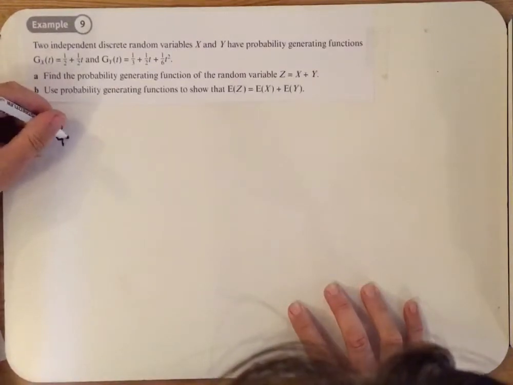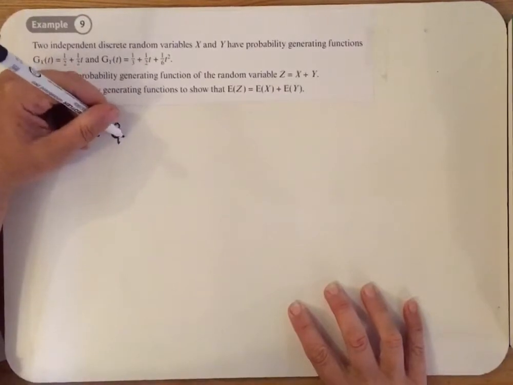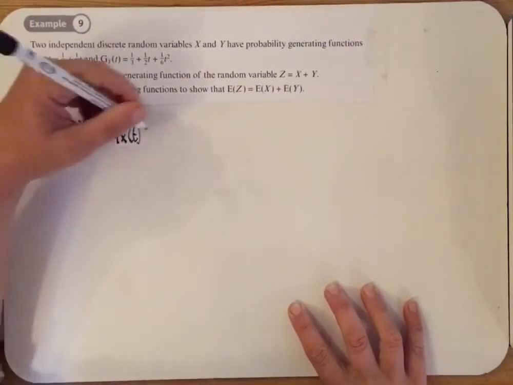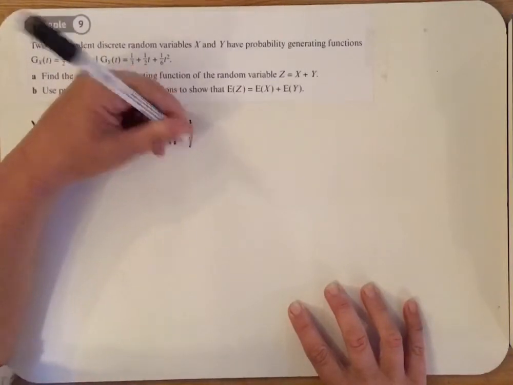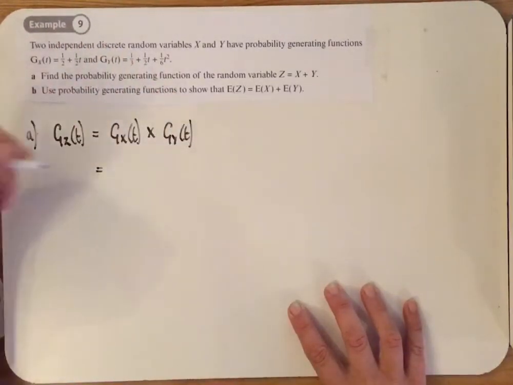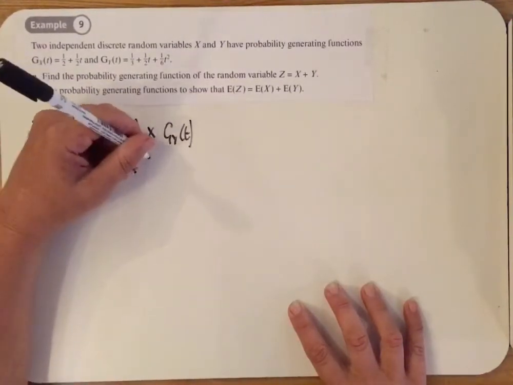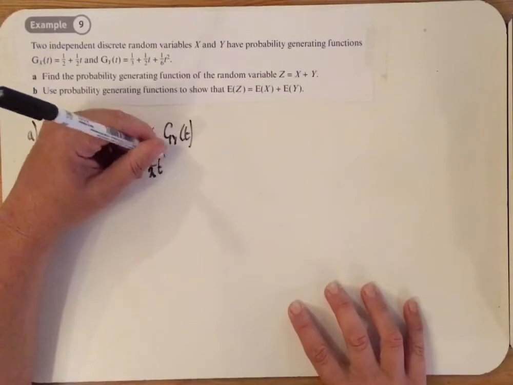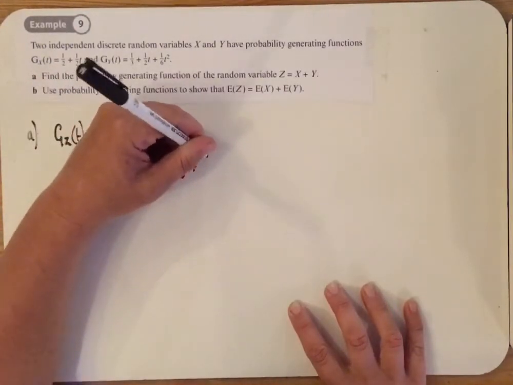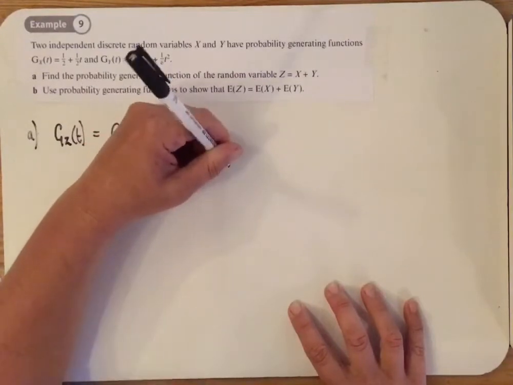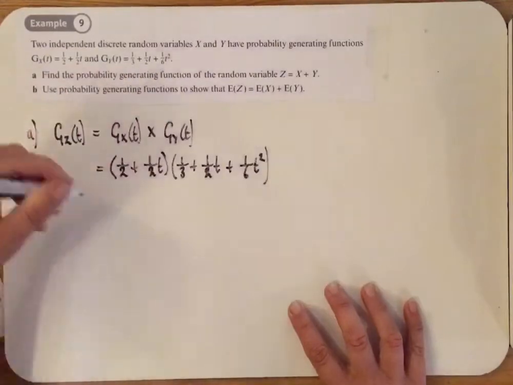So to find the probability generating function for z, you do the probability generating function for x times by the probability generating function for y. And it's that straightforward really. So it's a half plus a half t multiplied by a third plus a half t plus a sixth t squared.